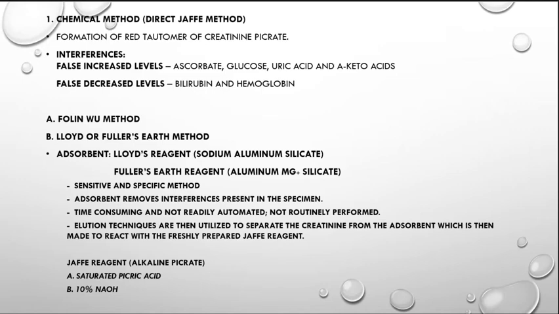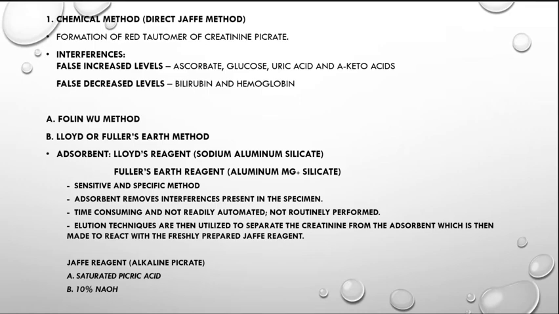Okay, so the principle of your chemical method is that creatinine reacts with alkaline picrate, forming a red complex or your red tautomer. The intensity of the color formed is proportional to the creatinine concentration in the sample, so it is directly proportional. First in the chemical methods, we have your Folin-Wu method.